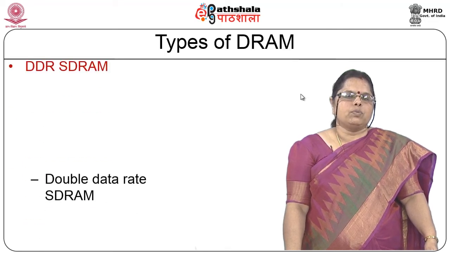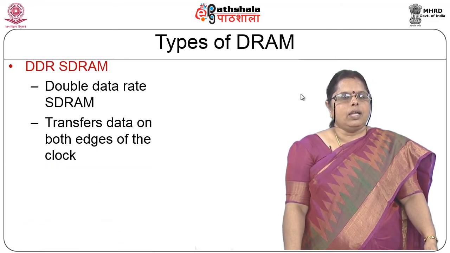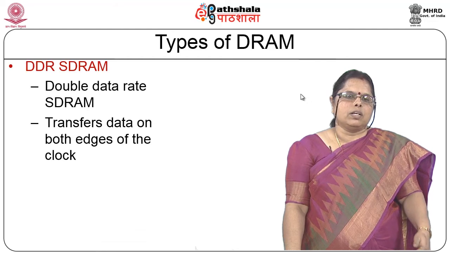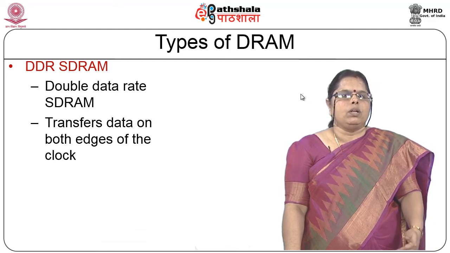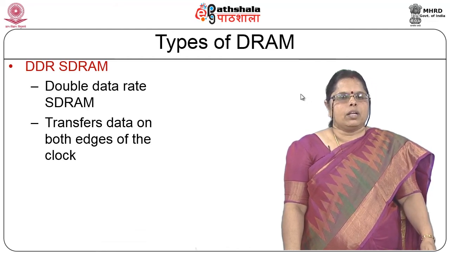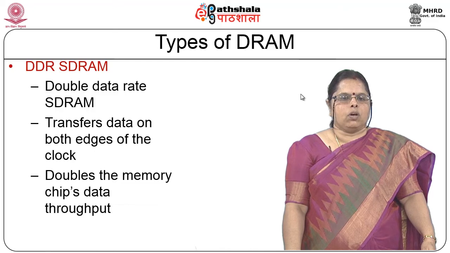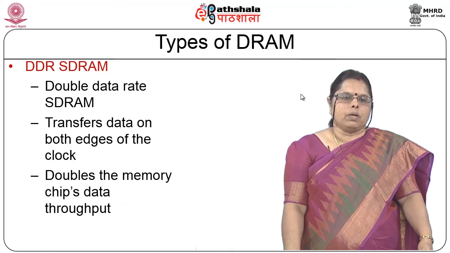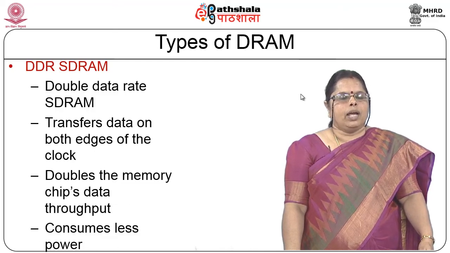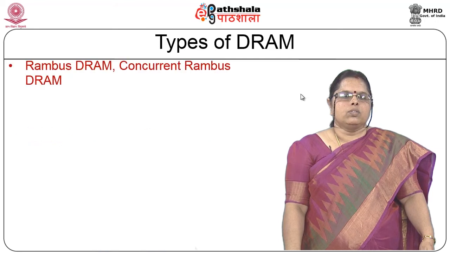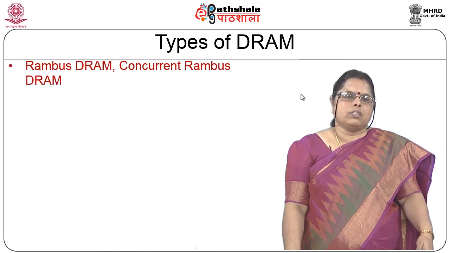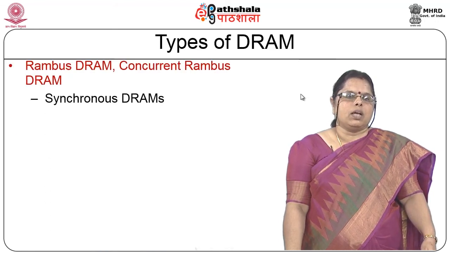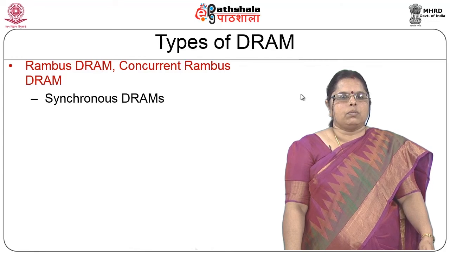The other type of DRAM is the DDR SDRAM, a double data rate SDRAM, where it transfers data on both edges of the clock. This obviously doubles the memory chip's data throughput and it consumes less power. The other optimizations are the Rambus DRAM or the concurrent Rambus DRAM.